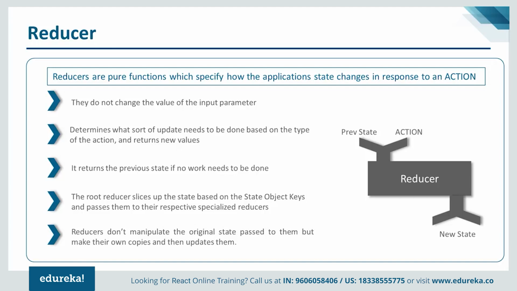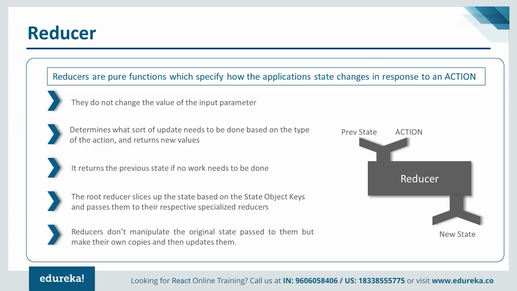And then the root reducer. There is always a root reducer in Redux. Please remember this. There is always a root reducer which slices up the state based on the state object keys and passes them to their respective specialized reducers. There can be multiple reducers, but there is always a root reducer in Redux. I just want to mention one point here. Please remember, for Redux we always say you need to have one store, but you can have multiple reducers.